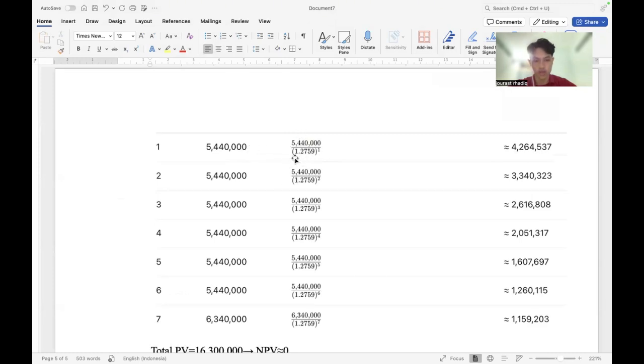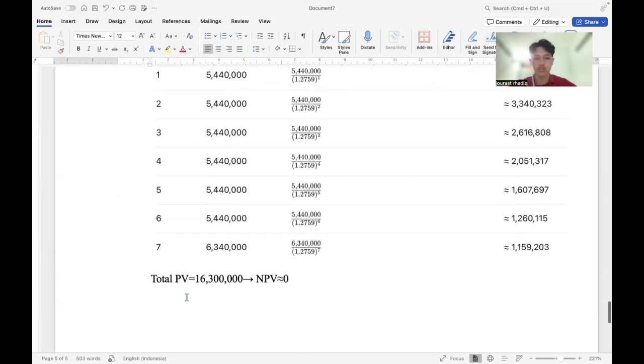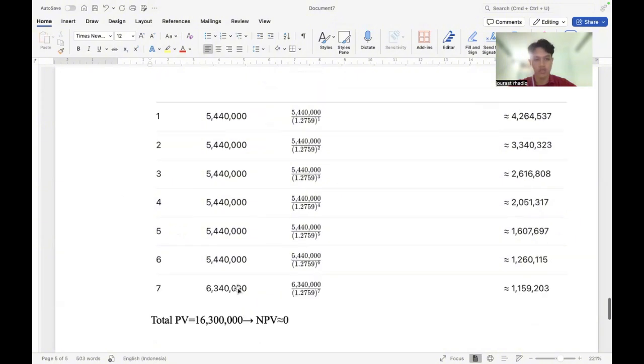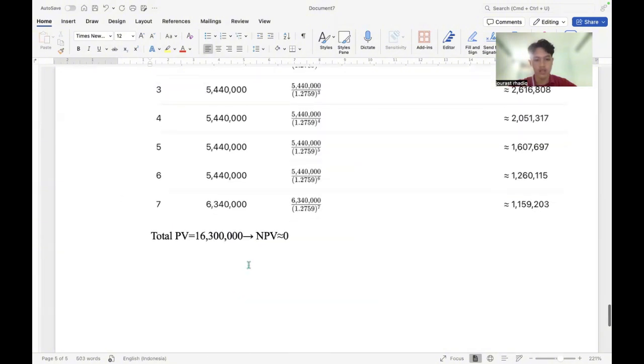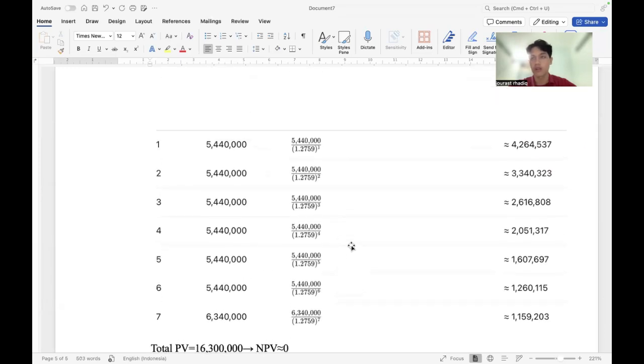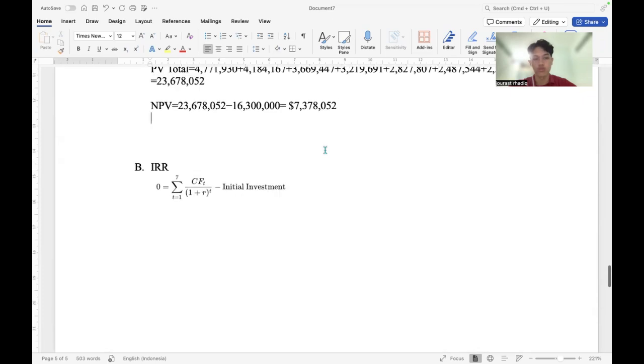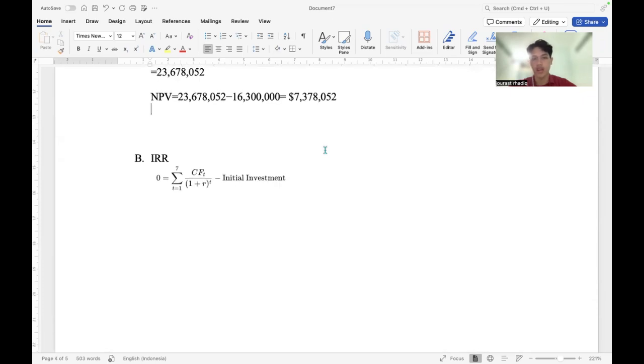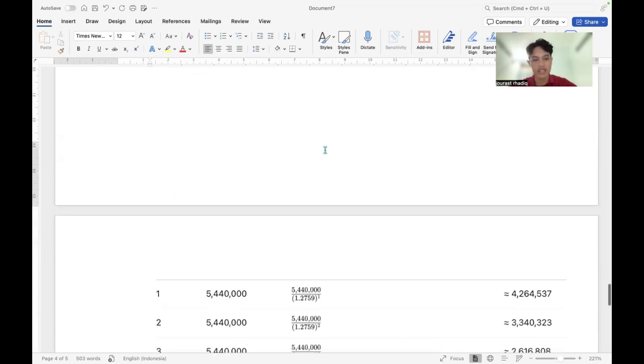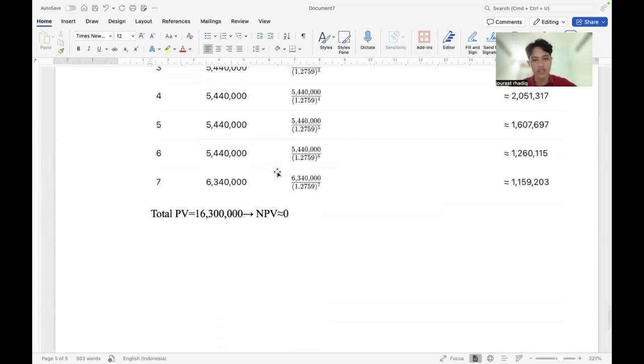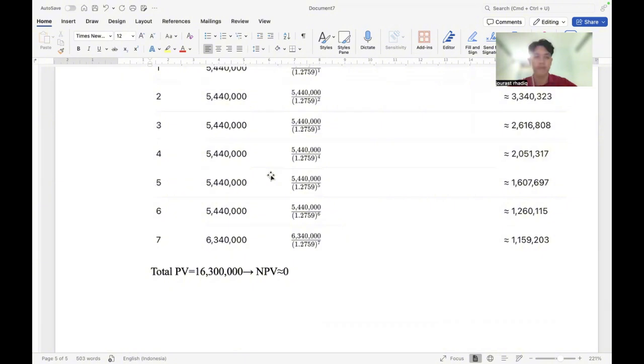So I already did this one. So we got all the present values, and the total present value is 16.3, which means the NPV is equal to 0. So yeah, one of the requirements for the IRR to be good is that the NPV has to be 0.